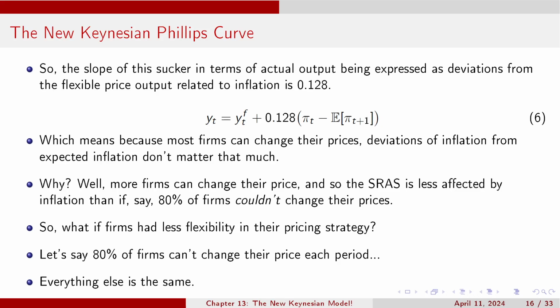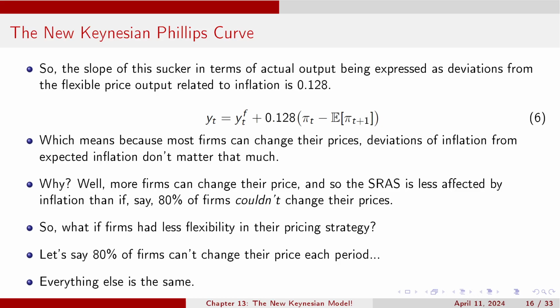So deviations of inflation from expected inflation don't really matter all that much. Why is this? Well, if more firms can change their prices than those that can't, short-run aggregate supply is going to be less affected by inflation than the flip side of that: 80% of firms can't change their prices.